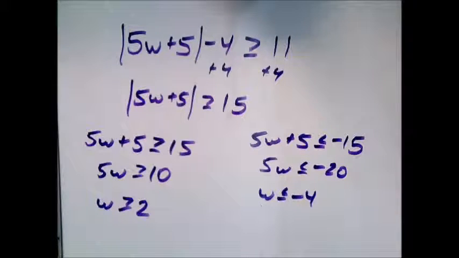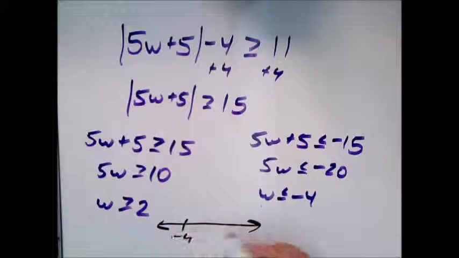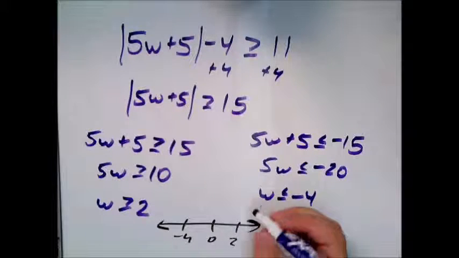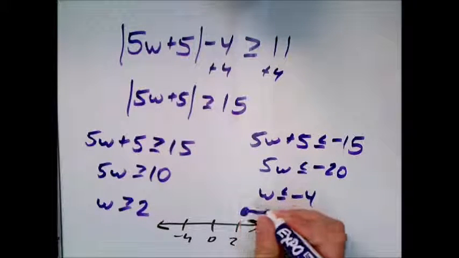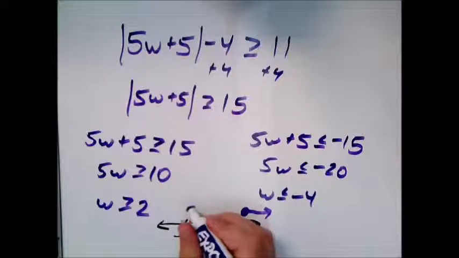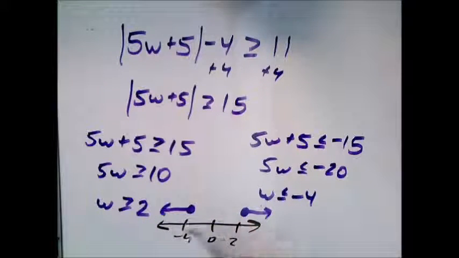All right, then we'll picture what that looks like on a number line, and then we'll try to use that for future reference. So here's negative 4, here's 2, 0 would be somewhere in the middle. So I want to be greater than or equal to 2, but less than or equal to negative 4. See how if this was an and, it would be no solution because those don't overlap at all?